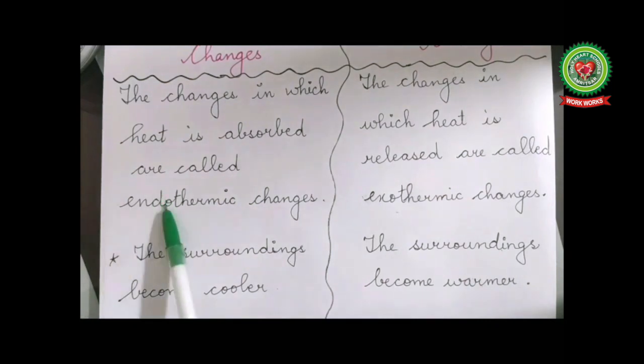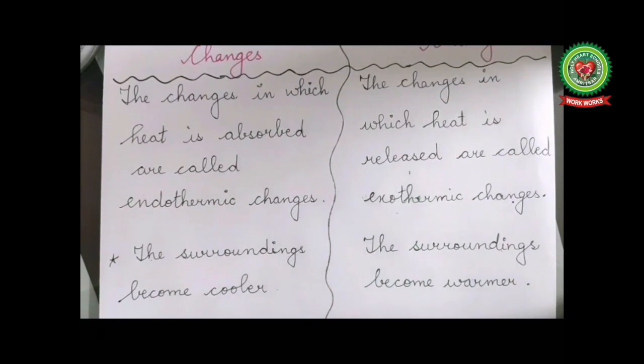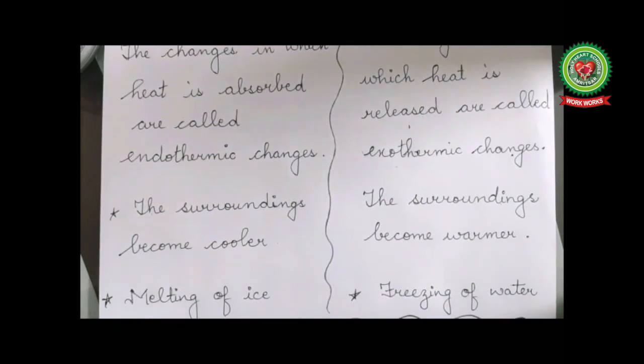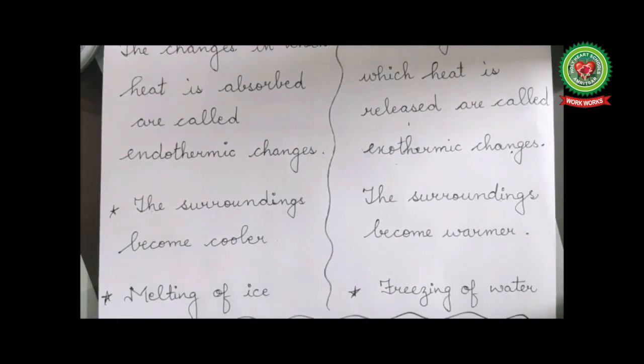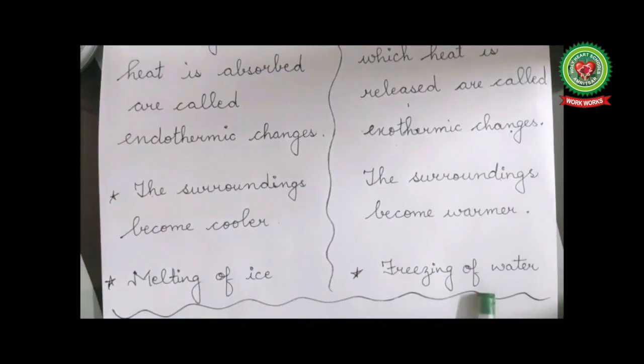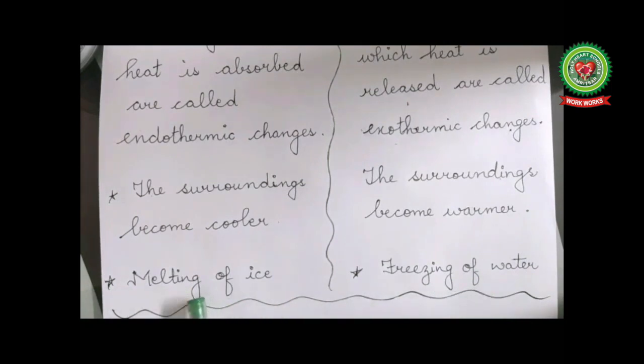Students, in the case of endothermic changes, heat is being absorbed from the surroundings, and so the surroundings become cooler. And in the case of exothermic changes, the heat is released to the surroundings, so the surroundings become warmer. Example, for endothermic changes, melting of ice, and for exothermic changes, freezing of water, as heat is released during this change and heat is absorbed during melting of ice.